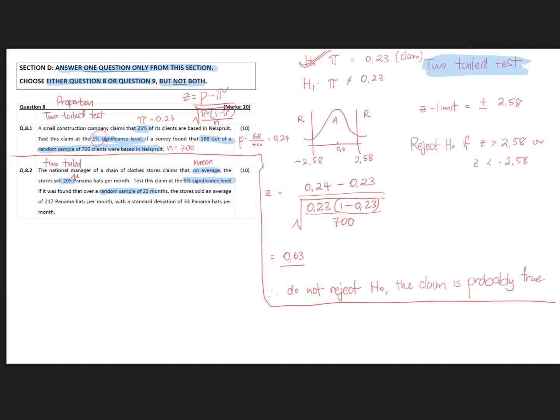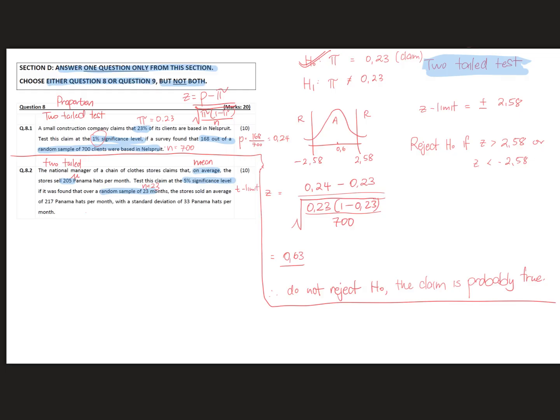So N is 23, but this also tells us that we're working with a T limit instead of a Z limit. Like here for the previous question, and I'll just highlight so you can see that. Remember, we wrote down on the side here that we have a Z limit. Instead of having a Z limit now, we're working with a T limit. So I'm just going to say here that we will have a T limit.